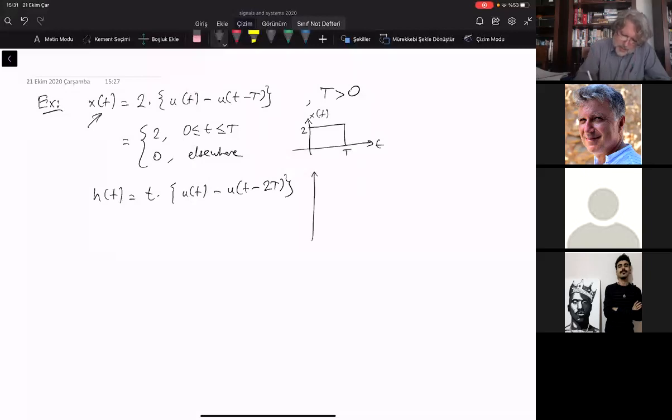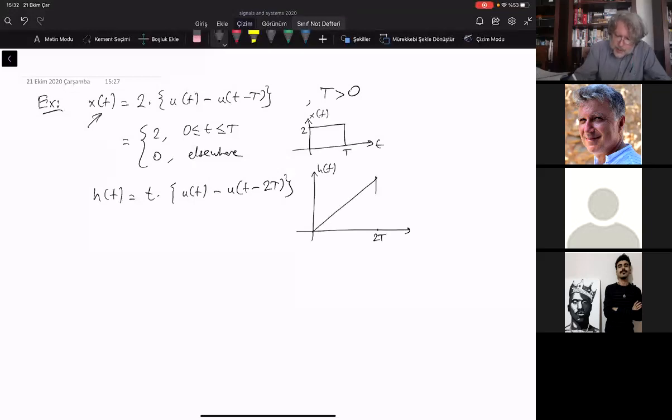It makes this. h of t starts from 0, t at 0 is 0, and then from here up to 2T, h of t is equal to t, which is a 45 degrees inclination straight line like this.